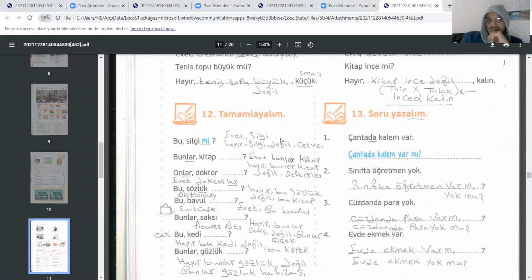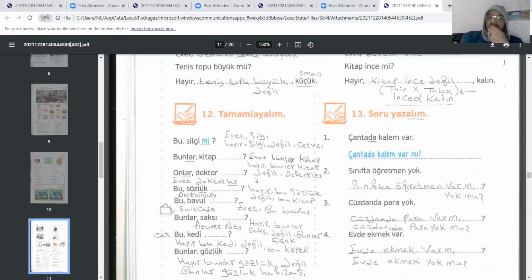Here, bu silge mi? Evet, bu silge. Hayır, bu silge değil. I forgot to put bu. Cetvel, ruler. Bunlar kitap. Evet, bunlar kitap. Onlar kitap, doktor. Hayır, bunlar kitap. And after that, onlar doktor mu? Onlar doktor. We can say onlar doktor değil.